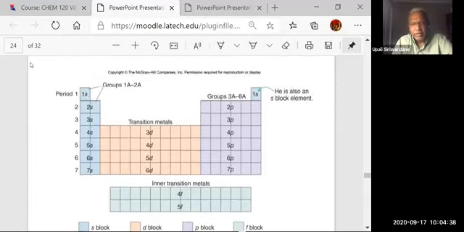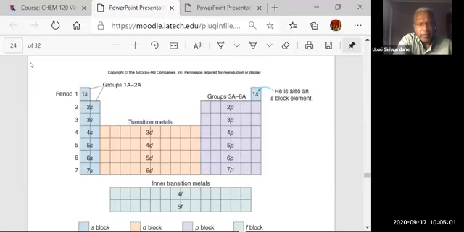So when you are getting the electronic configuration, you can go through this up to where you reach the element. For example, what is the electronic configuration of lithium? It's 1s2, there are two places, 2s1.